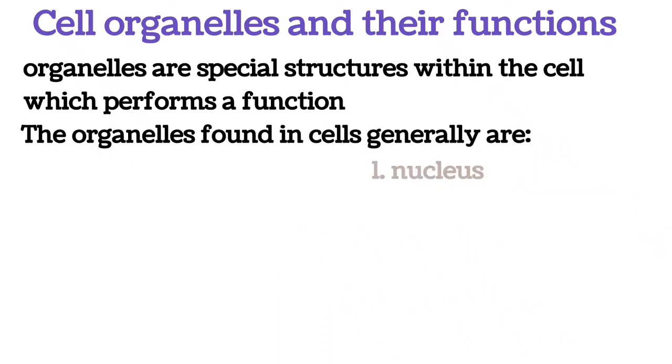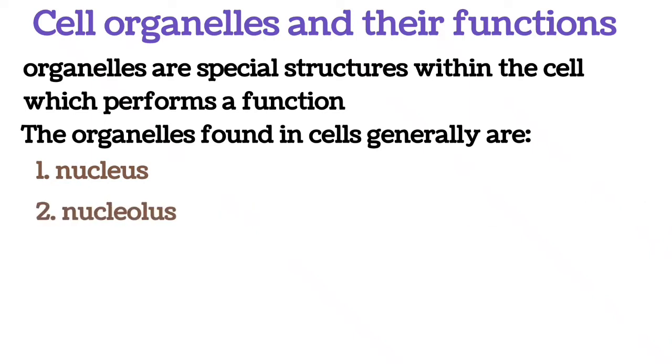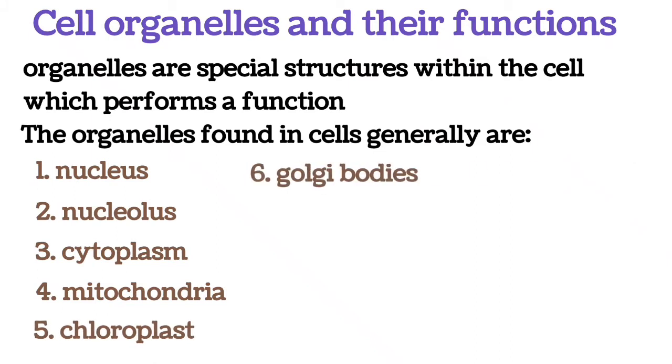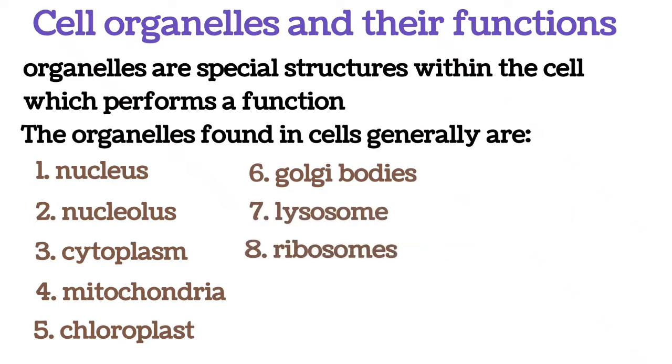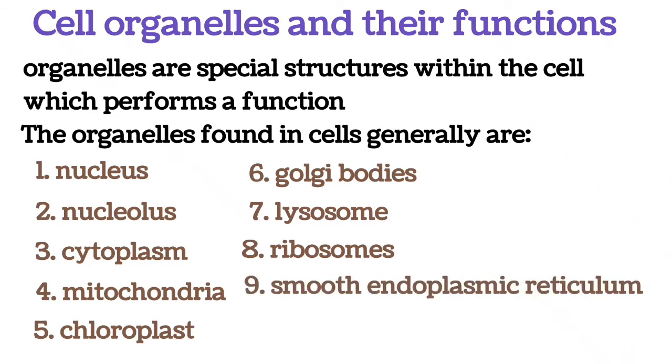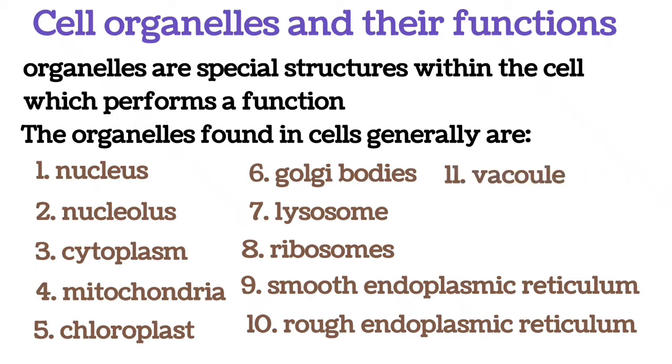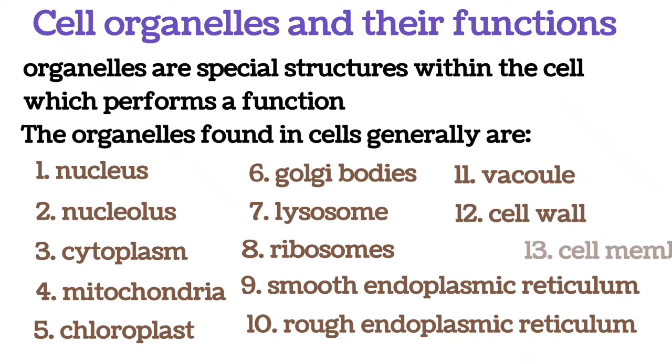The organelles found in cells generally are the nucleus, the nucleolus, the cytoplasm, the mitochondria, the chloroplasts, the Golgi bodies, the lysosome, ribosome, smooth endoplasmic reticulum, the rough endoplasmic reticulum, the vacuole, the cell wall, and the cell membrane.